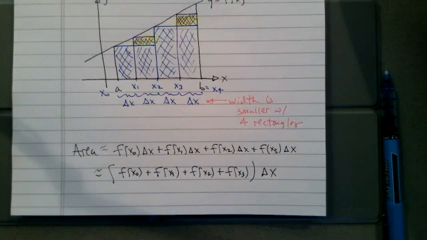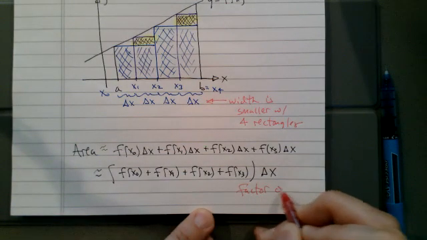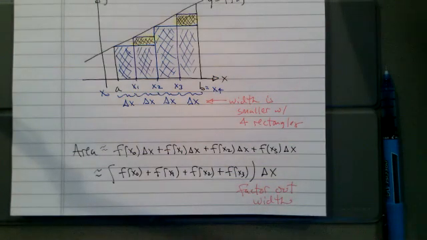So mechanically, what we're doing is evaluating the function a bunch of times and then multiplying by this delta x. So we could think of factoring out the width of the rectangle. We're factoring out the width of each rectangle, and we're adding up a bunch of values of the function.